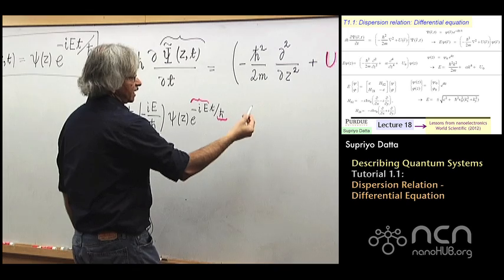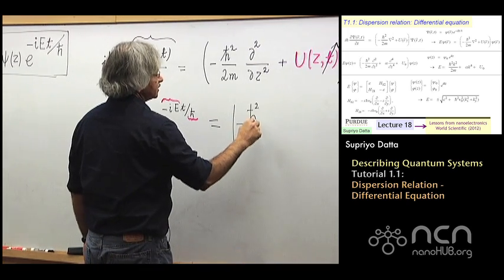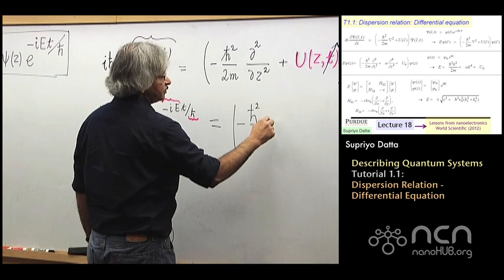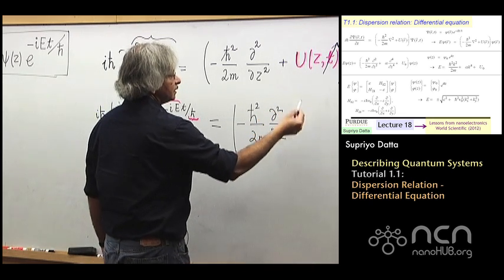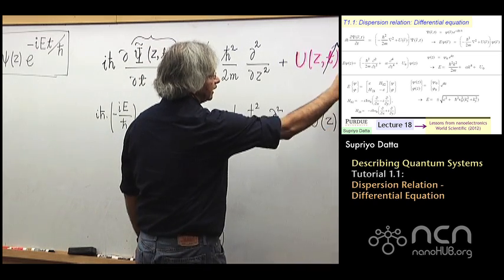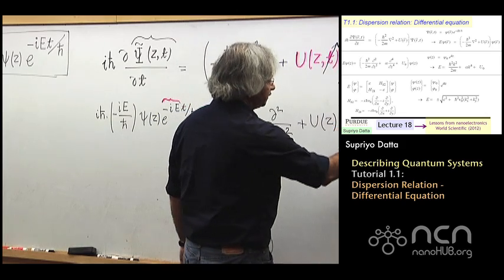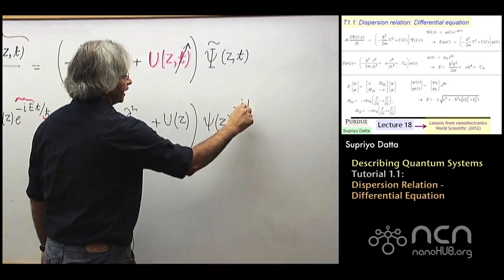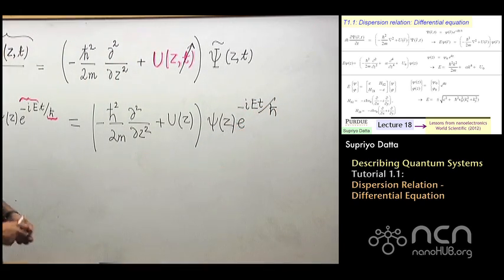Now you go over to this side. This is just the spatial derivative, which we leave intact. And then this is U of z, leave intact. And then we put down the assumed form of our solution here, psi of z e to the power minus i E t over h bar.